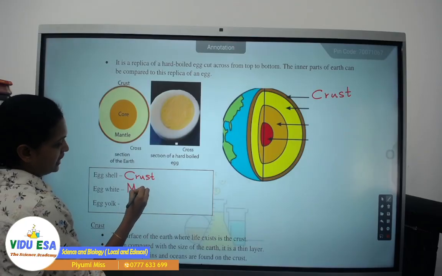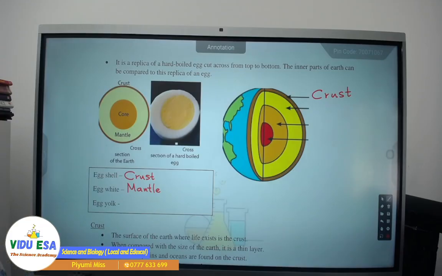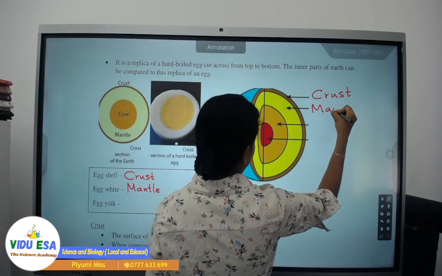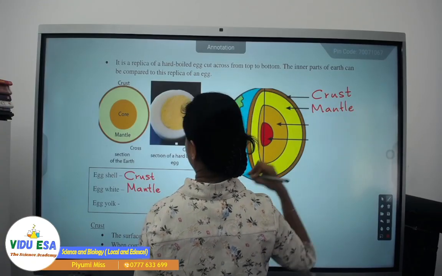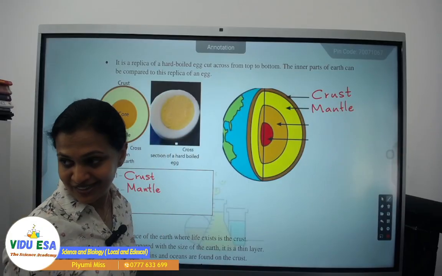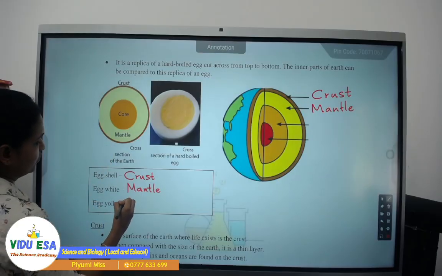So we can divide this mantle as the inner mantle and the outer mantle, right? Anyway, the mantle is represented by the egg white. Here we can say that this is mantle, right? Then the egg yolk, the yellow portion, that is the core of the earth.